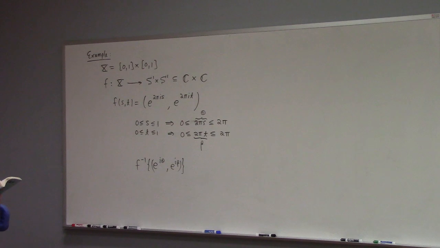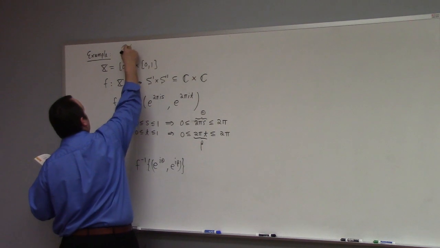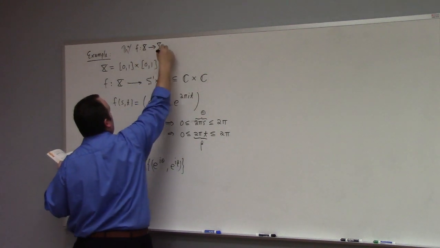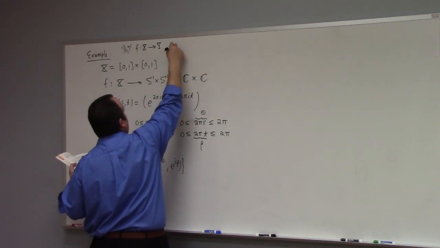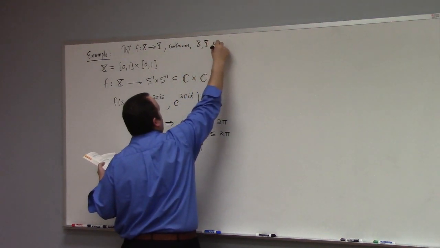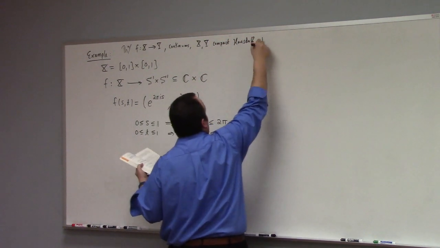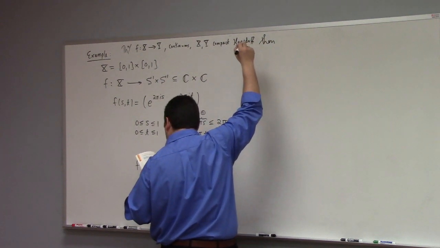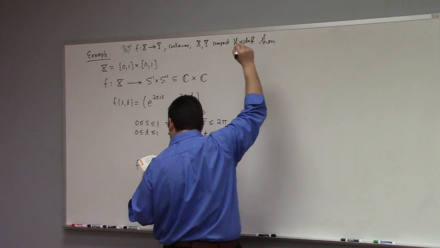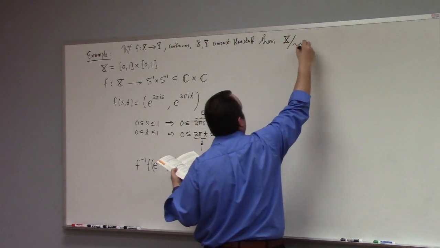If we have x and y compact Hausdorff spaces, and f a mapping from x to y, continuous, then x mod the fiber equivalence is homeomorphic to y.